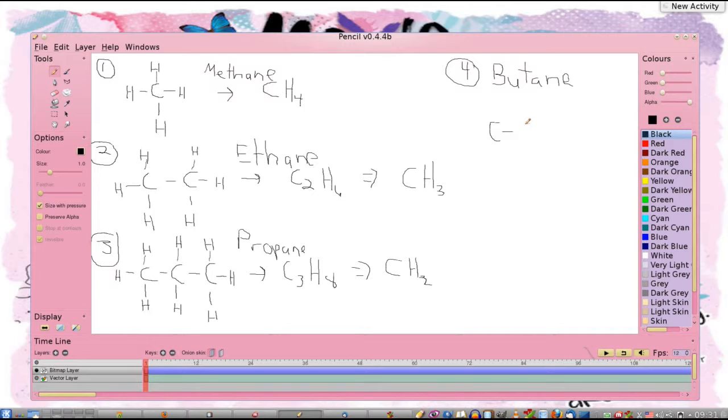In butane, because it's number 4, there are 4 carbon atoms. Here we see we have 2 of the CH2 in the center and 2 CH3s on the end. So now we know how to draw our diagrams.